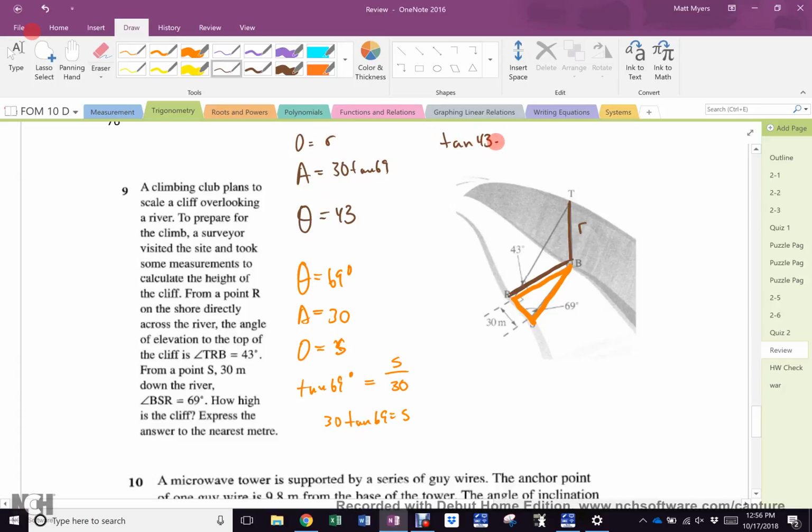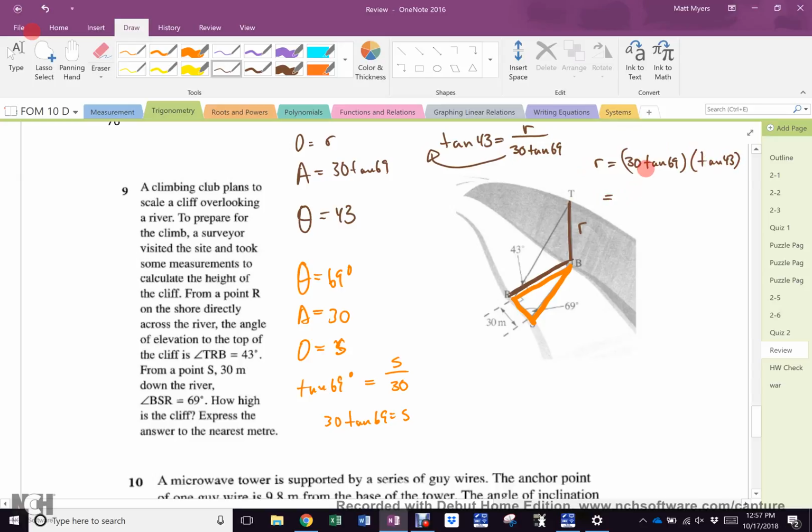Tan 43 equals opposite r over adjacent, which I know is 30 tan 69. That is on the bottom, correct? So it moves to the front, and r equals 30 tan 69 degrees times tan 43.